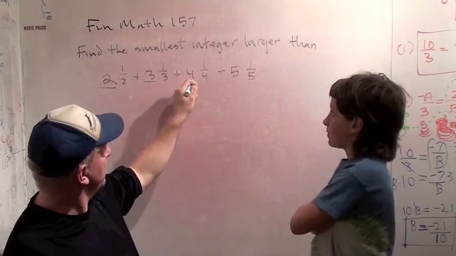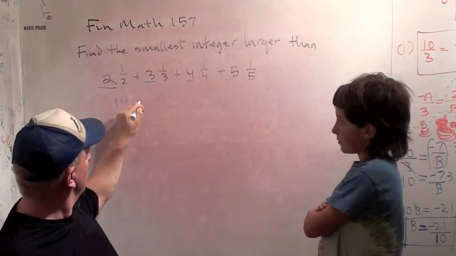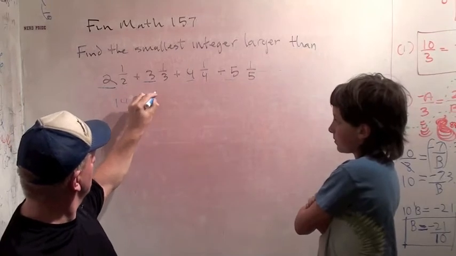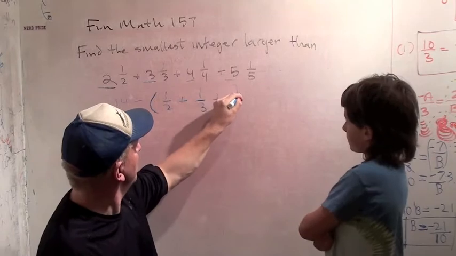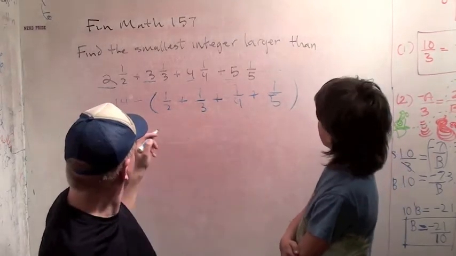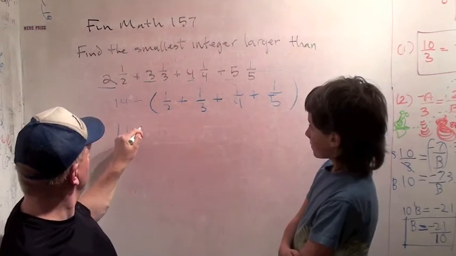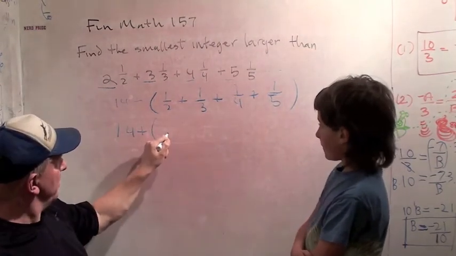So first we can start the same way. Do 2 plus 3 plus 4 plus 5, which is 14. Plus, and we have to do a half plus a third plus a fourth plus a fifth. Alright, that's fine. It's 14 plus, now what's the decimal for a half? 0.5.